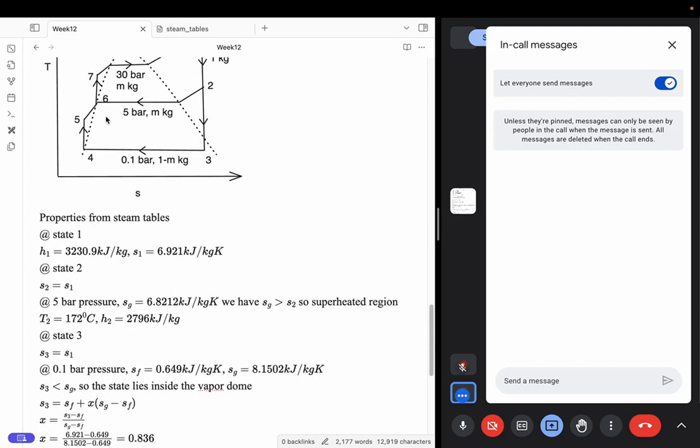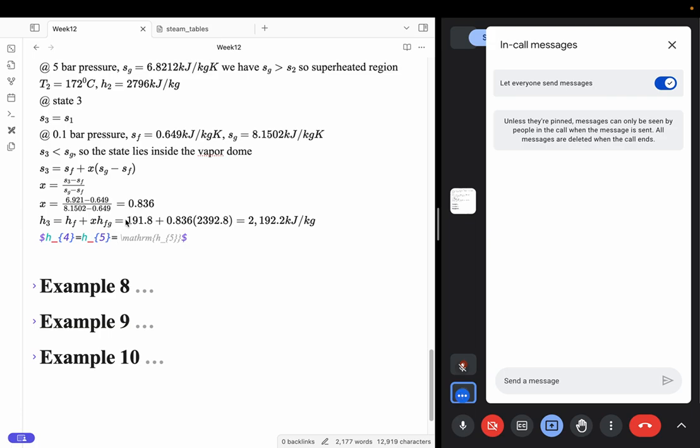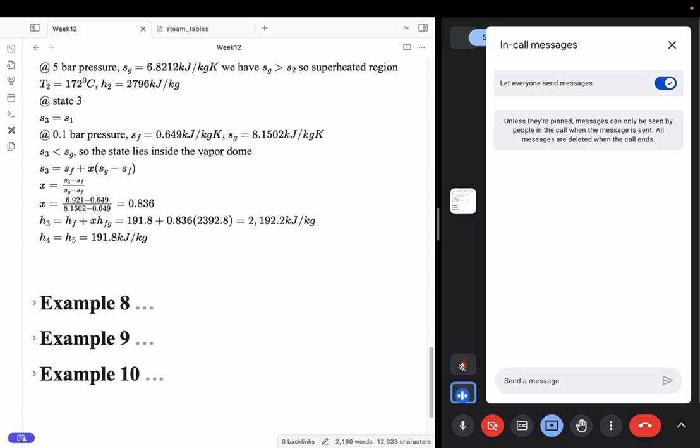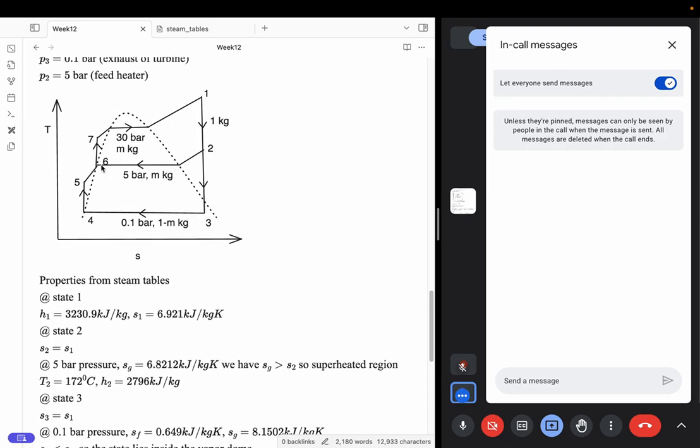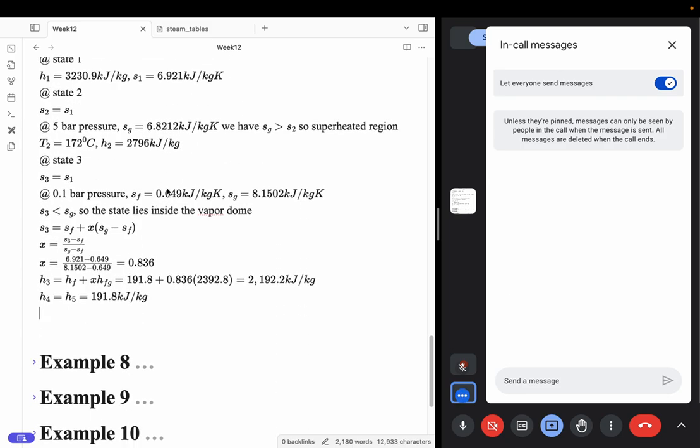H4 you already know. H4 is at 0.1 bar, the saturated liquid state, so that is this HF, which is 191.8. Similarly, we can do the same thing here. So H6 will be equal to H7.